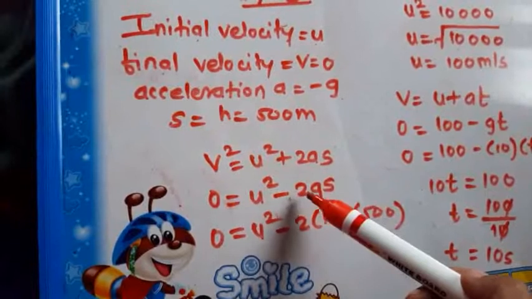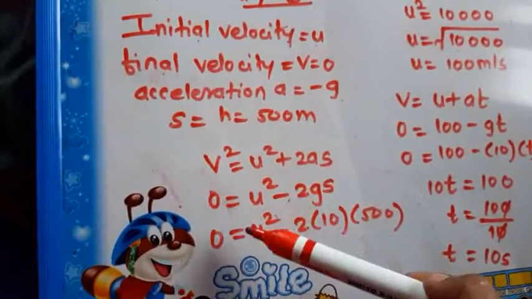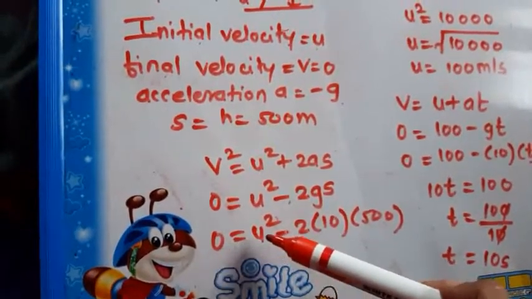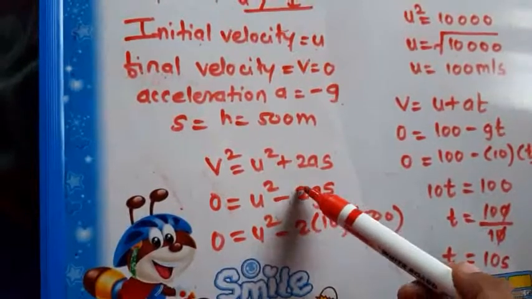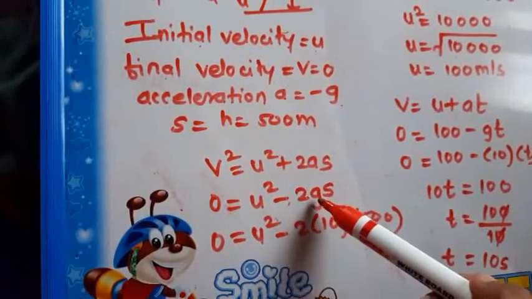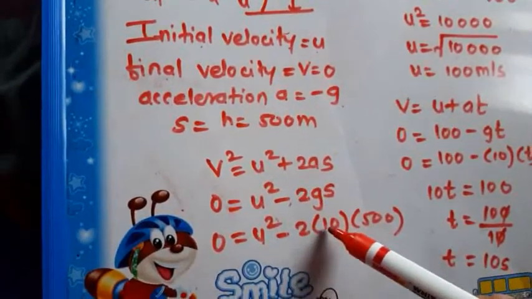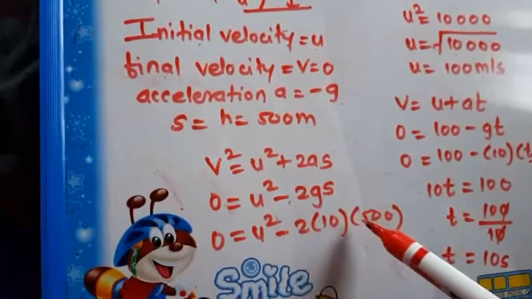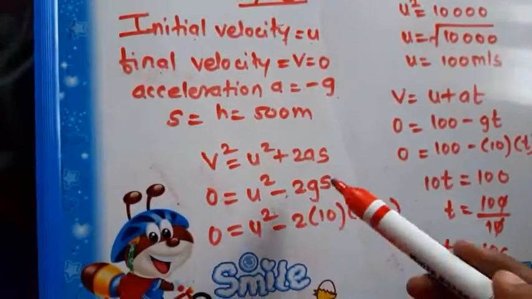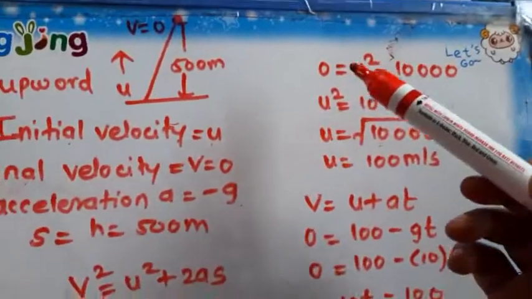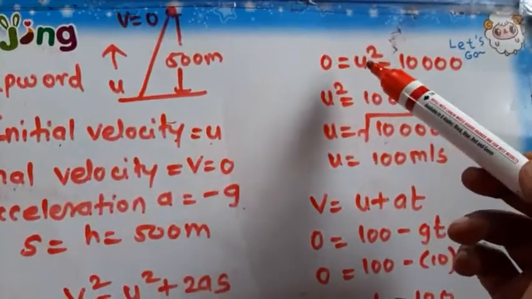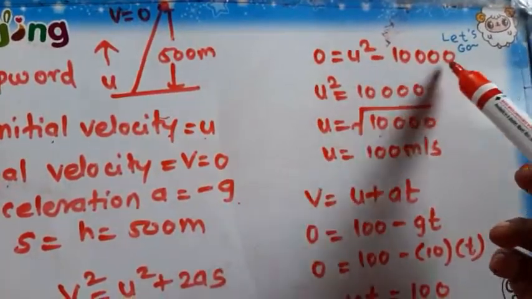So minus 2gs. Therefore 0 is equal to u square minus 2, value of g is 10 and s is nothing but 500. So it will be 0 is equal to u square minus 10,000.